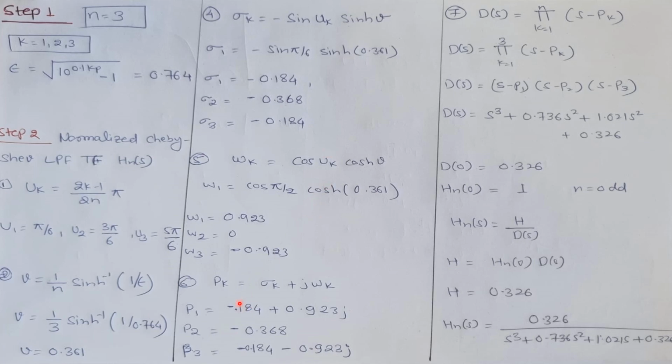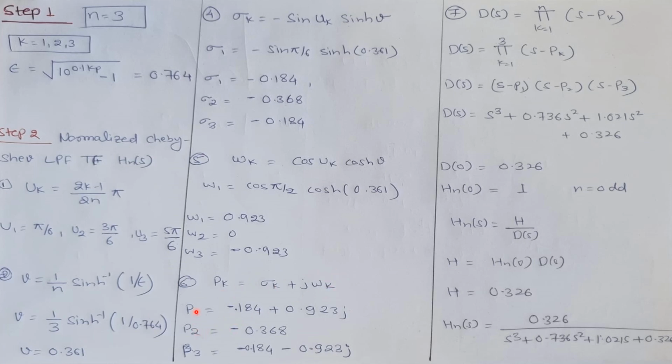To calculate p, we need to calculate sigma k and omega k. To calculate omega k, we need cos of omega k into cosh of v. Similarly, for calculating sigma k, that is minus sin of omega k into sinh of v. Once you calculate all these values, you put them into the pk formula.